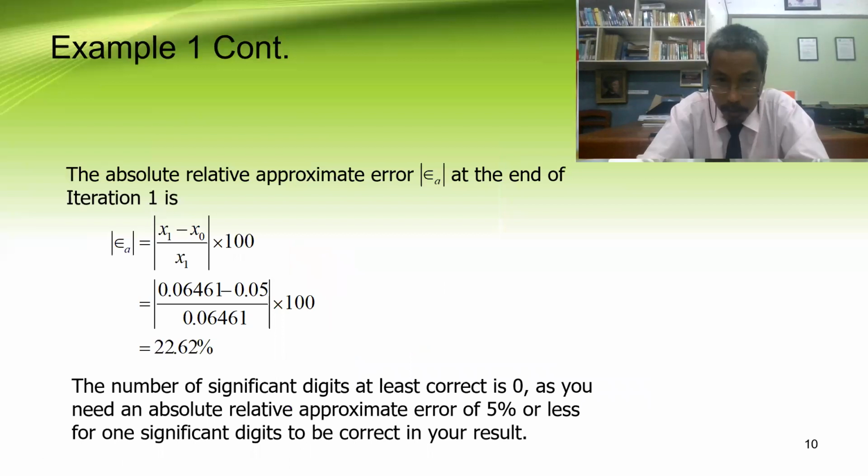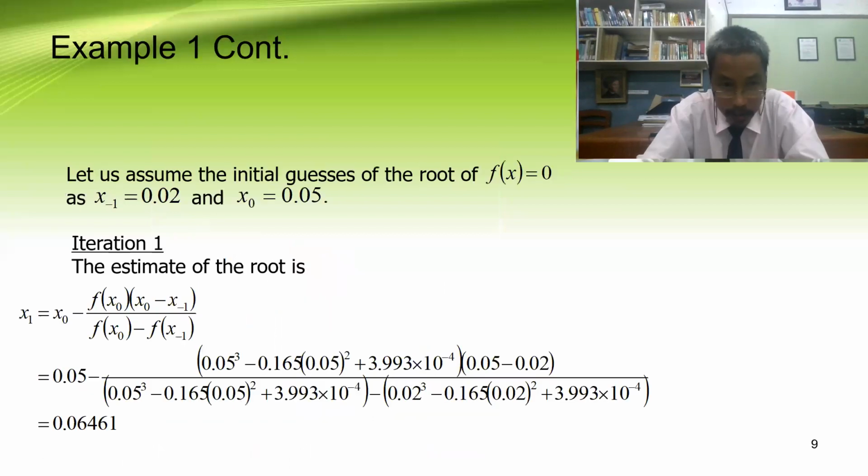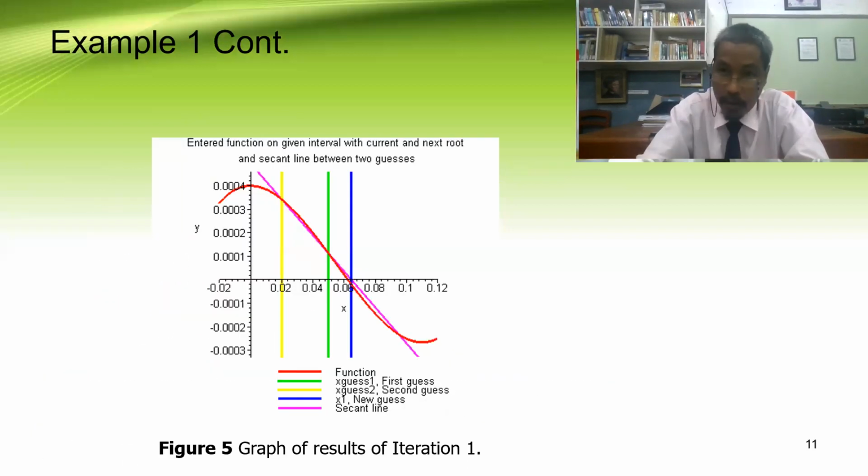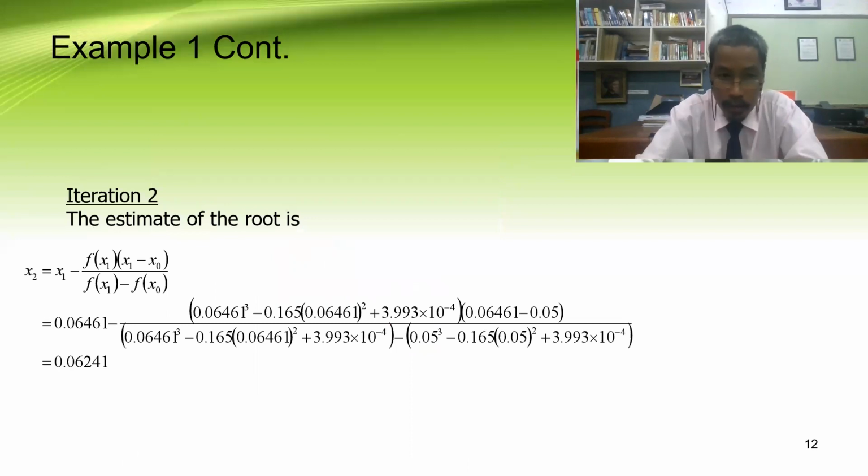Our value of x1 is 0.0646. So almost we already got to the answer, while having a guess, the yellow and the green one. We are there almost. Just iteration 1. And let us do iteration number 2.